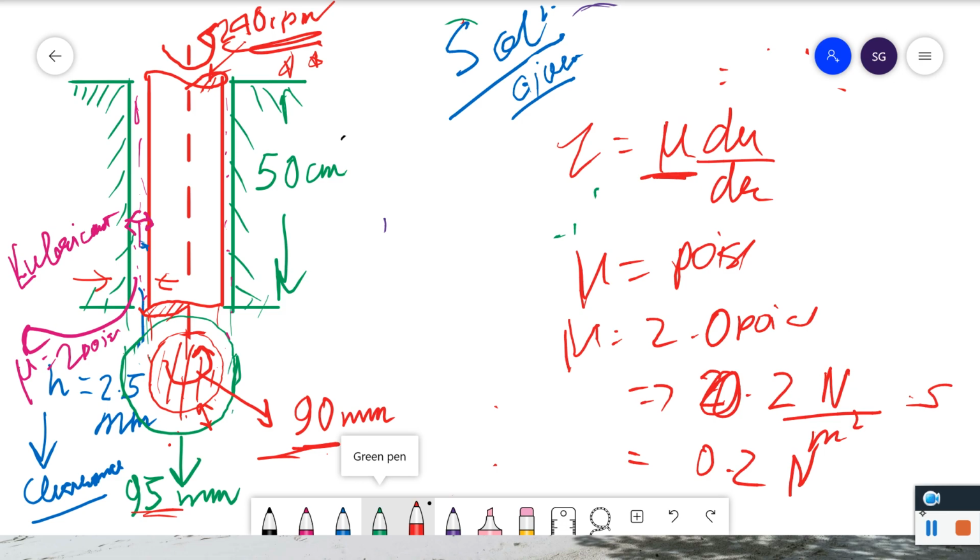Sorry, Newton per meter square will be pascals, so this is pascal dot second. So we have the value. Now we have to just substitute it.